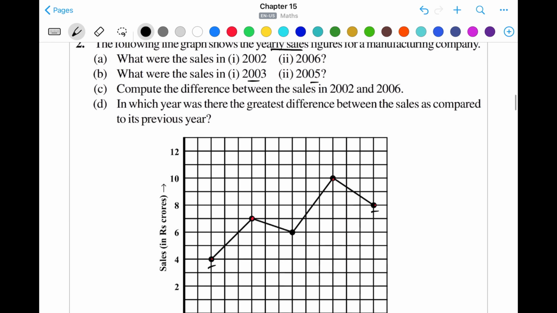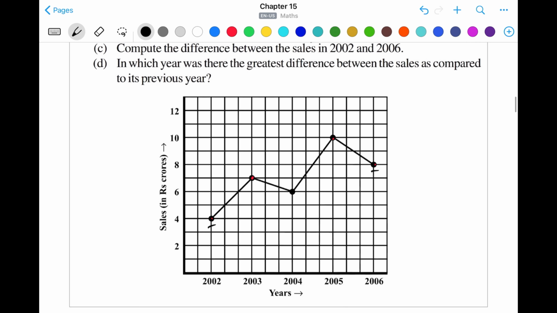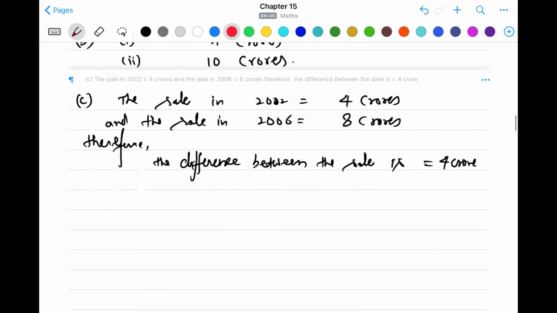Next is part D. In which year was there the greatest difference between the sale as compared to its previous year? So you can see just by looking at the graph, the longest length of the graph between the 2 years is here, that is between 2004 to 2005. So we can directly say that by studying the graph.